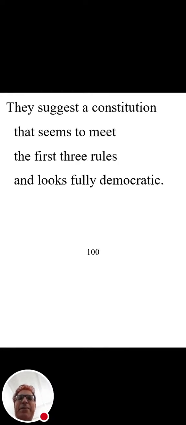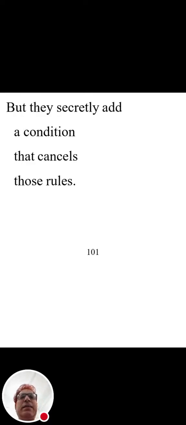What is the plan? They suggest a constitution that seems to meet the first 3 rules and looks fully democratic, but they secretly add a condition that cancels those rules which ensure equality.